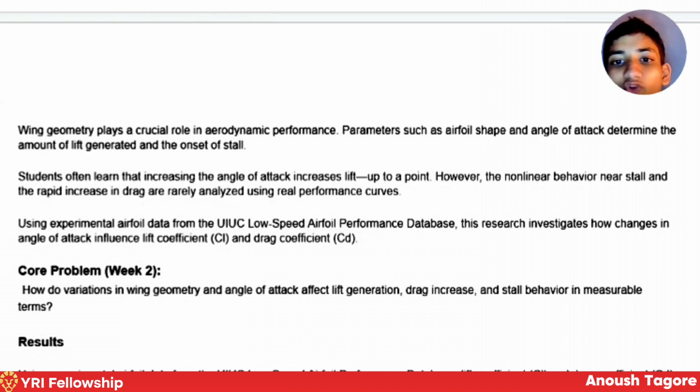You can make the airfoil bend a little bit to better suit certain angles and certain speeds of air, because the speed of air also changes some of the factors of how well it performs at certain angles of attack.